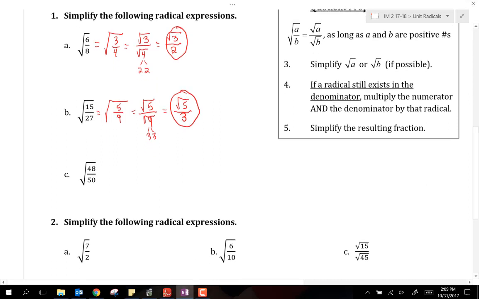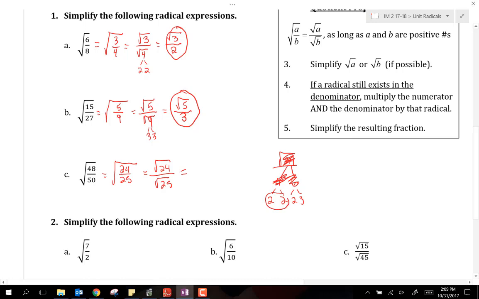Letter C. We can divide those both by 2. We split them up. Simplify. 24 is 4 and 6. 2 and 2, and 2 and 2.